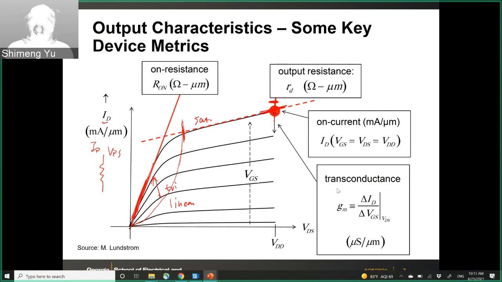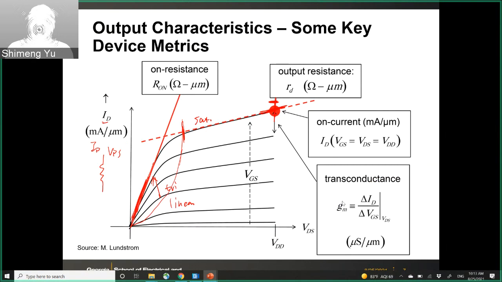And then you can also define the transconductance, which is delta ID versus delta VGS. This is also a small signal concept. If you have any change in the VGS, then how much change you get in the drain current at a certain bias.